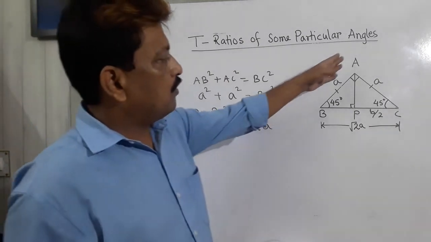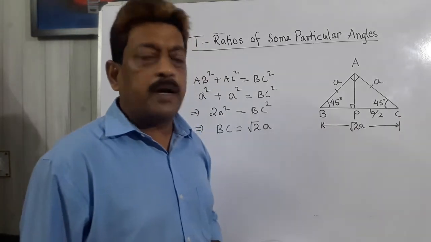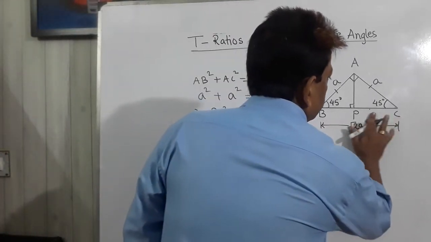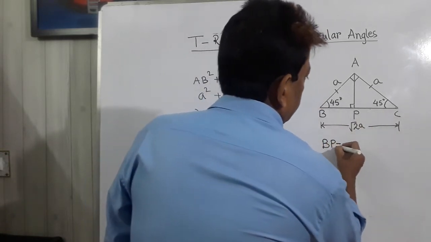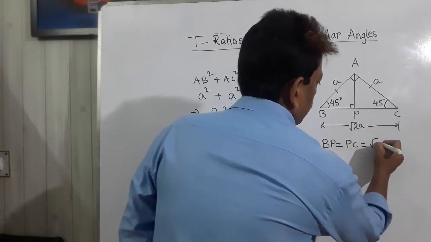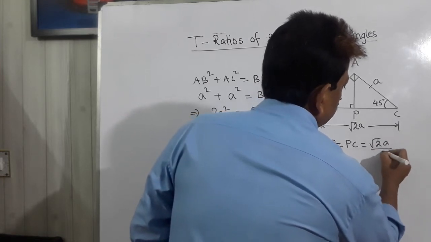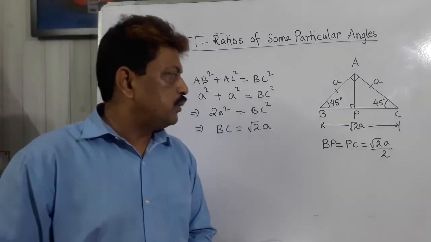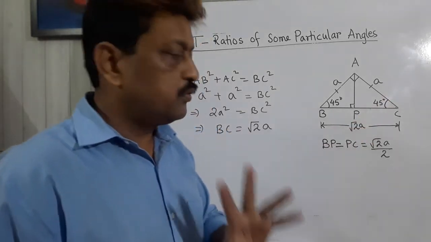Now the whole side BC is bisected by the altitude AP. Therefore we can say that BP equals PC equals root 2 A upon 2, because both are divided into two equal parts.